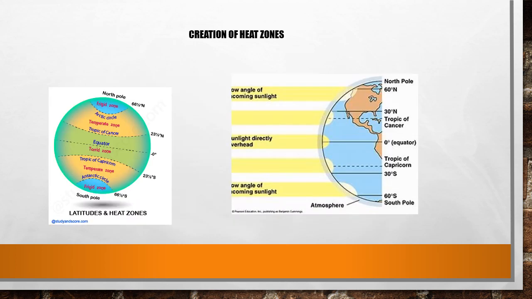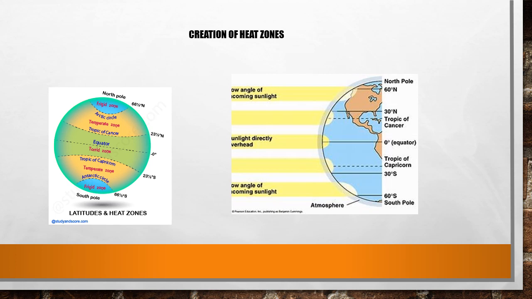The spherical shape of the Earth, along with its movement around the Sun on a tilted axis, causes the difference in the angles at which the Sun's rays fall on the Earth's surface. So you can see this diagram also. Because of the difference in the distribution of heat on the Earth's surface, the world has been divided into 3 heat zones.